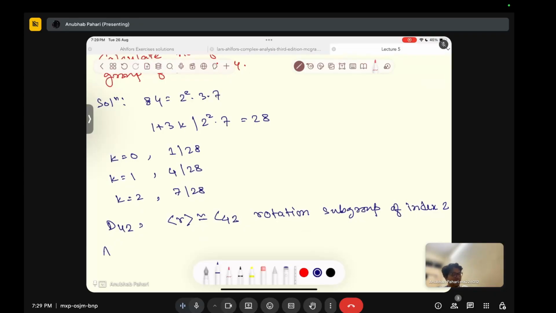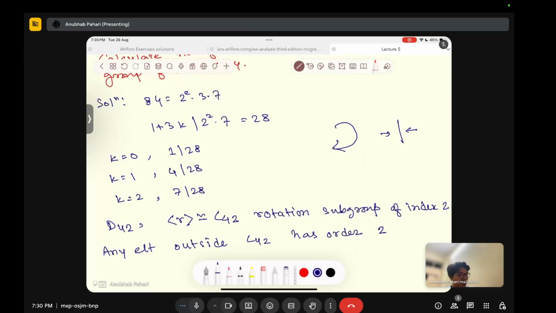So any element outside C42... The dihedral group consists of two generators, right? One is a rotation and another one is a reflection. I just took the generator from the rotation group.